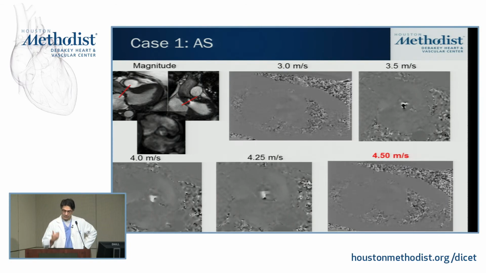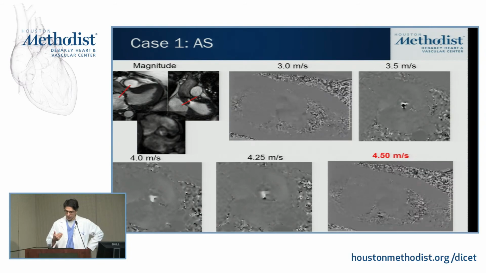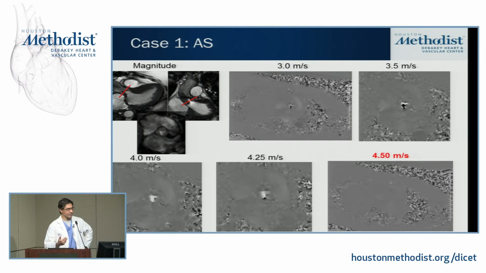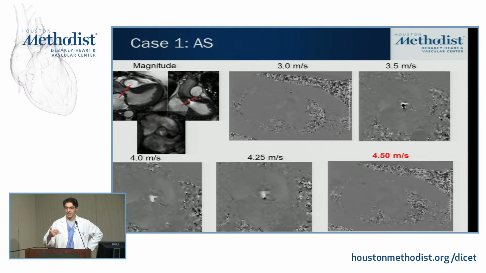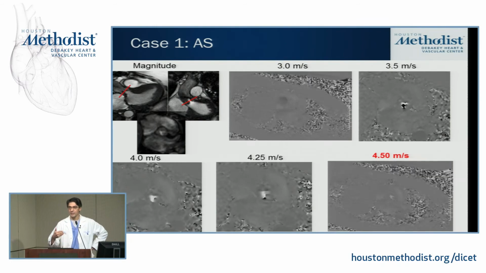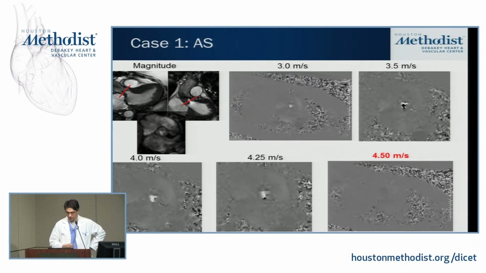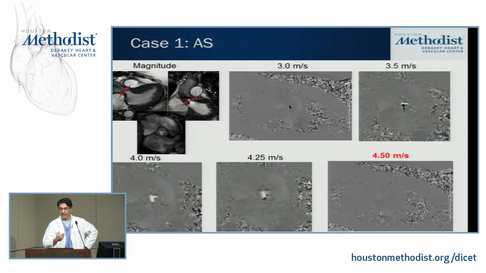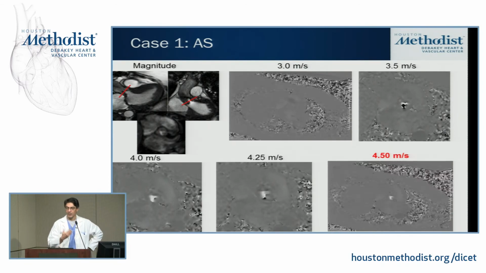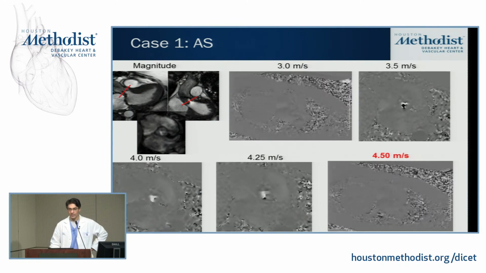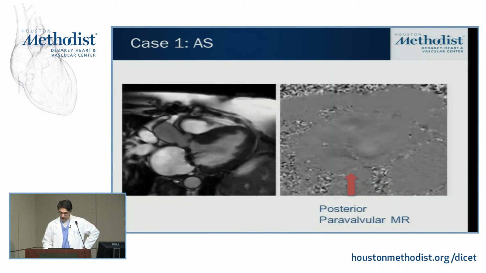So here, using the logic of where you do not have aliasing, by 4.5 meters per second we did not have aliasing, and so that was determined to be the peak instantaneous velocity through that aortic valve. So here we have congruence between our planimetered area and our peak velocity, so we were very confident in calling this severe AS.